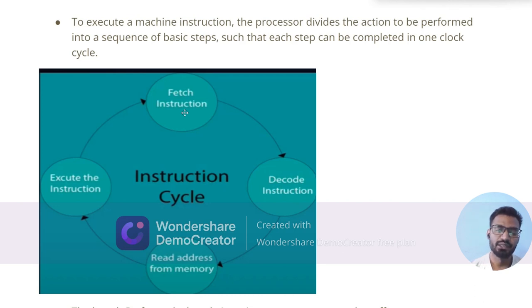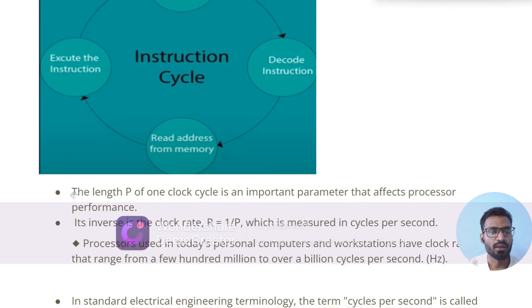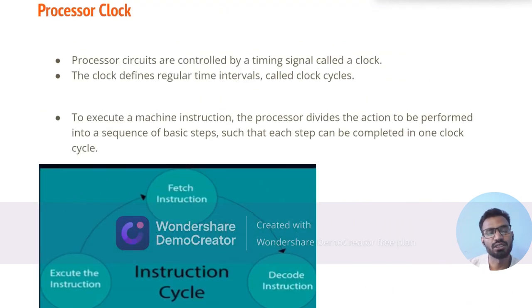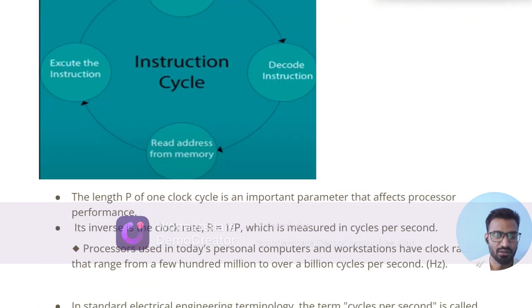That will be read from memory. Then the instruction has to be executed, and then it fetches again, which means one instruction is completed. The processor circuits are controlled by a timing signal called a clock. The clock defines regular time intervals called clock cycles.